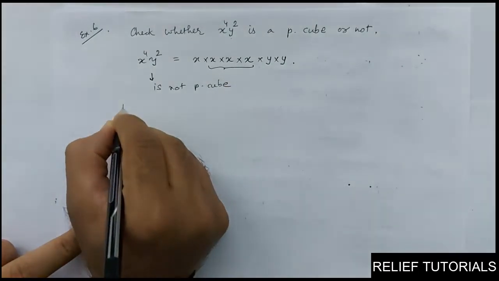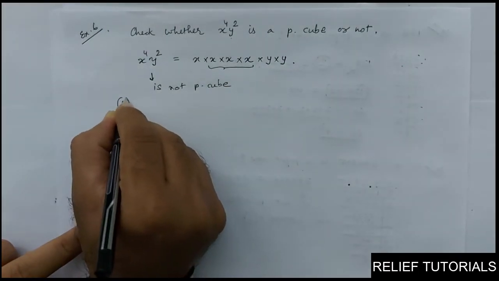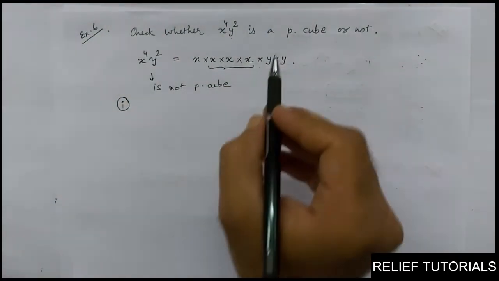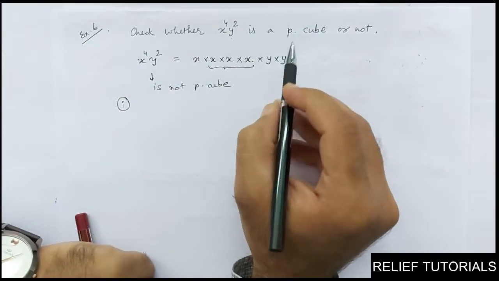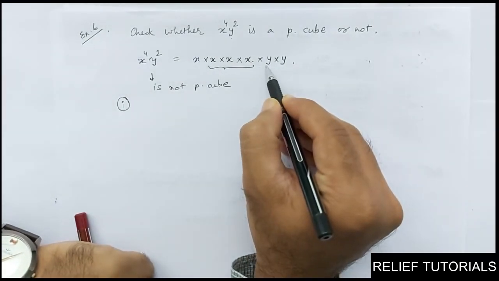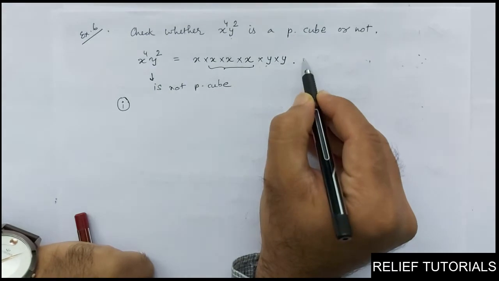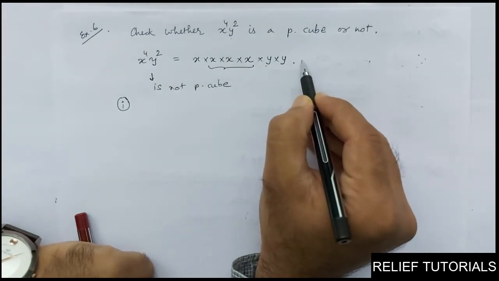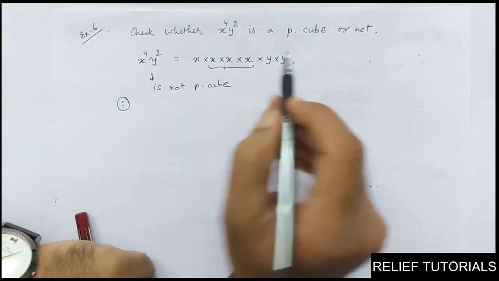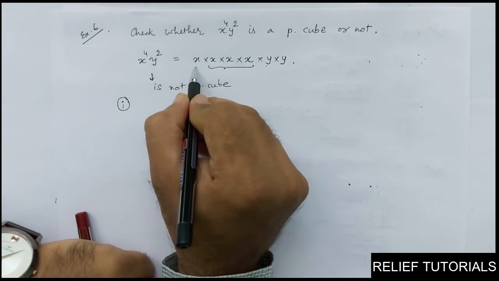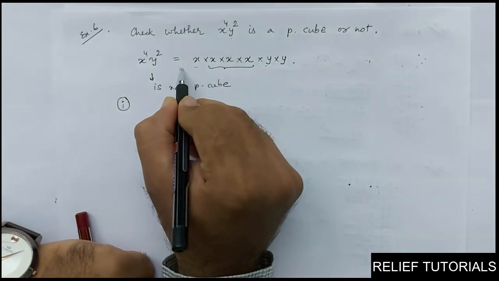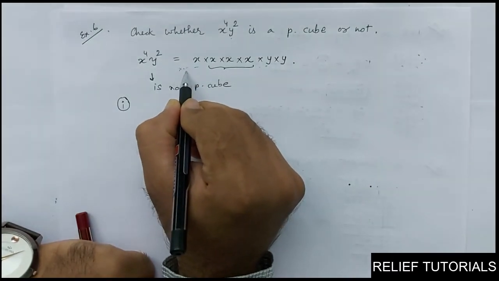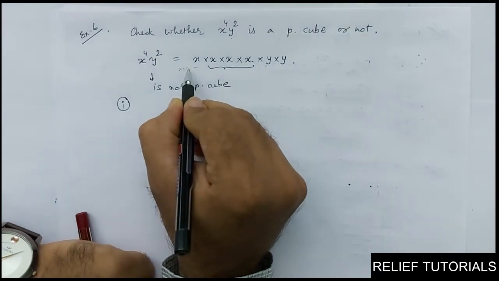Okay. Now by which number it should be multiplied? See, if you think about the multiplication, 2 times y is here. So 1 time y is missing. So 1 y should be multiplied, as well as only 1 x is here, and 3 x means x into x into x, so x square is missing.